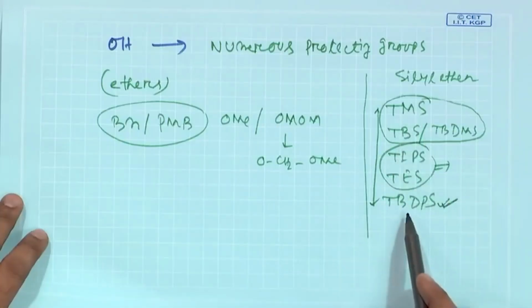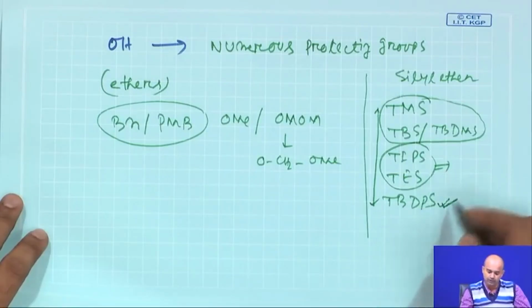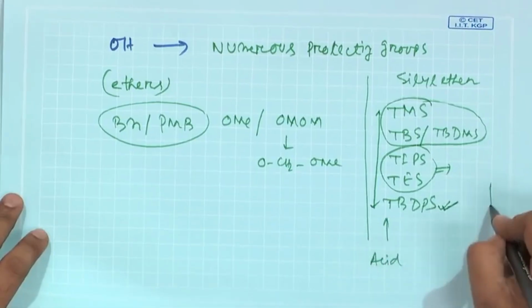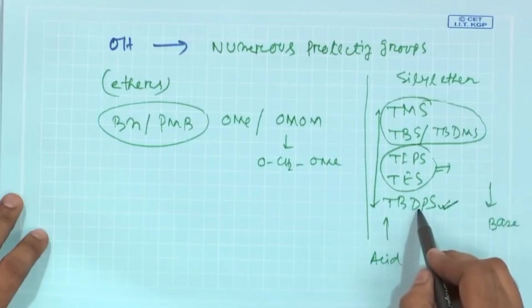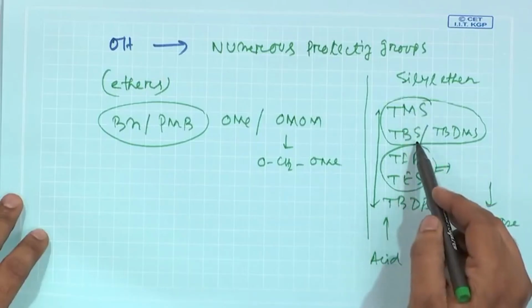They are reactive in the presence of acid, but not as reactive as TMS or TBS, while TBDPS is somehow acid inert. But things go completely in reverse for base. Acid reactivity runs this way and base reactivity runs this way. If you treat with base, TBDPS is deprotected very fast, but in contradiction TMS and TBS are normally stable under basic conditions.